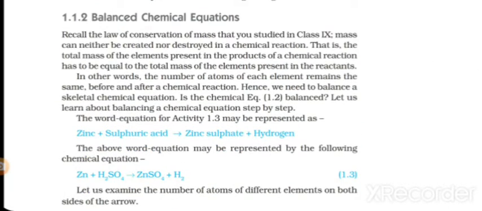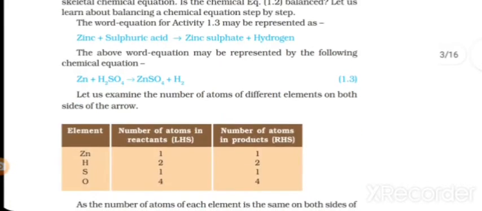Now there is one more law which is followed when chemical equations are written. What is that law? That is nothing but the law of conservation of mass. That law of conservation of mass says that the mass of the reactants will be equal to the mass of the products. So this is what makes it imperative on us to balance the chemical equations.